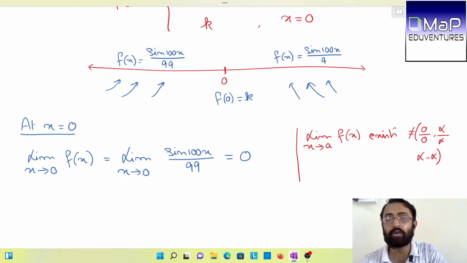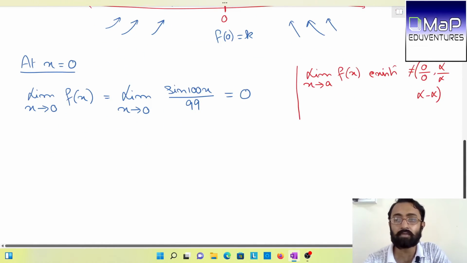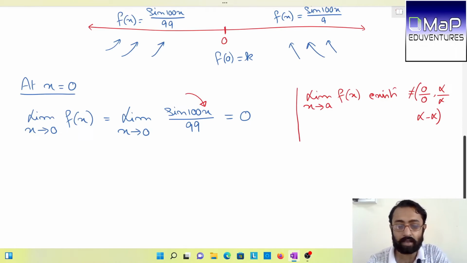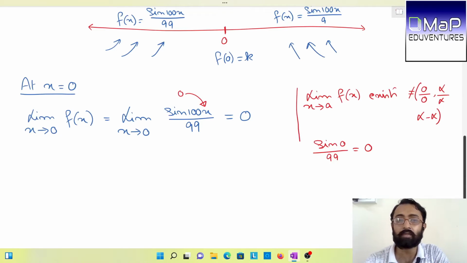So 0 by 0, infinity by infinity, infinity minus infinity; if it is not these, then there is no problem in accepting the value. If we put 0 in place of x, we get sine 0 by 99. Now what is sine 0 by 99? It is 0. So there is no problem in accepting the value 0.